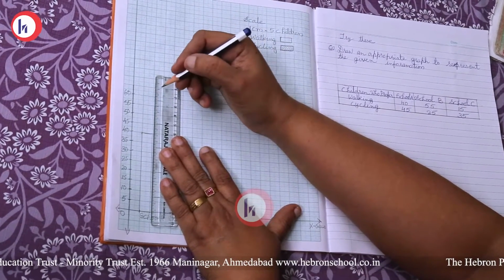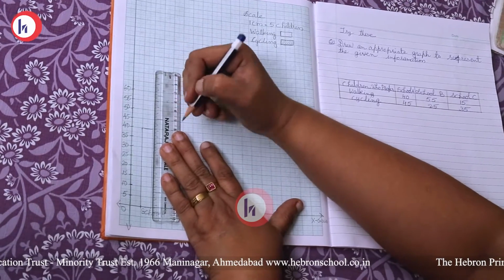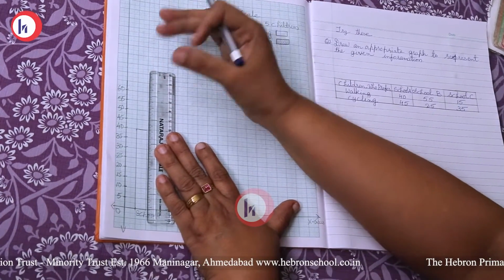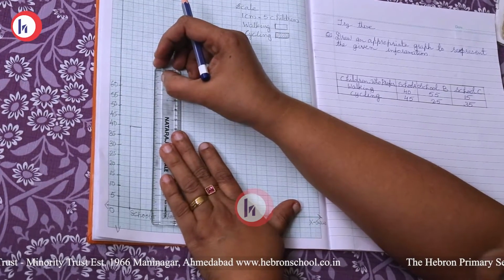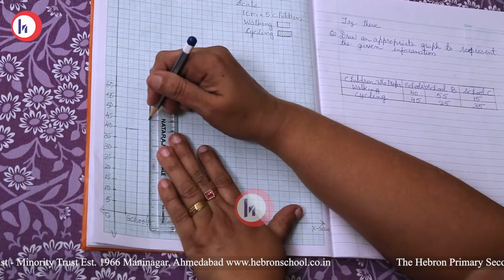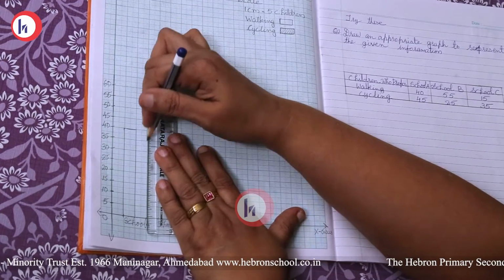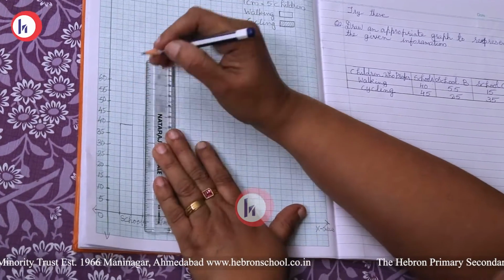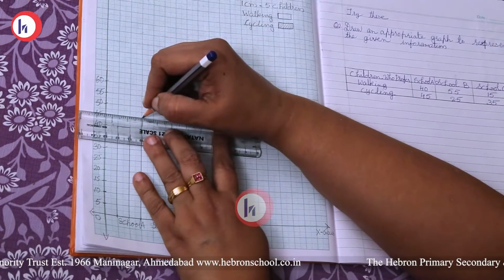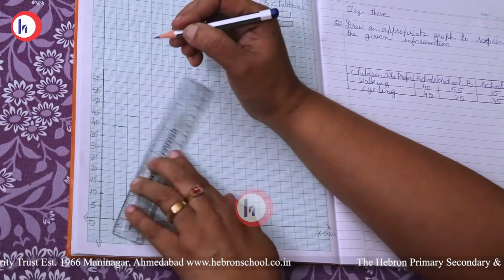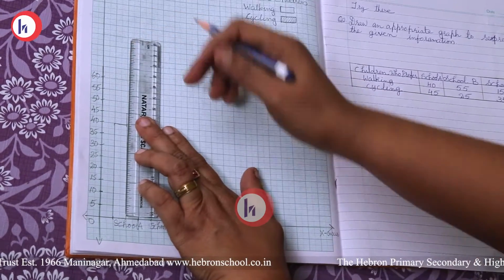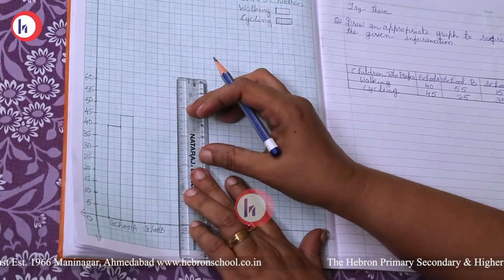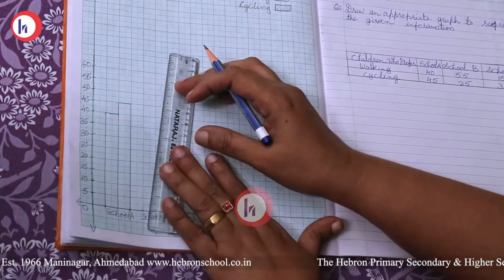Now next, cycling also side by side, because school A shows 2 qualities. So 45 is the number of cycling students. Okay, now next school B is 55.